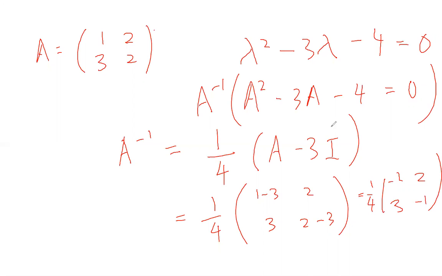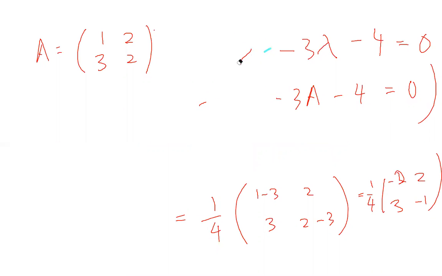Okay. Then I got this. This is my inverse matrix. And then we double verify whether this inverse matrix is valid or not. We are going to use the traditional way to find an inverse matrix for 2 by 2.